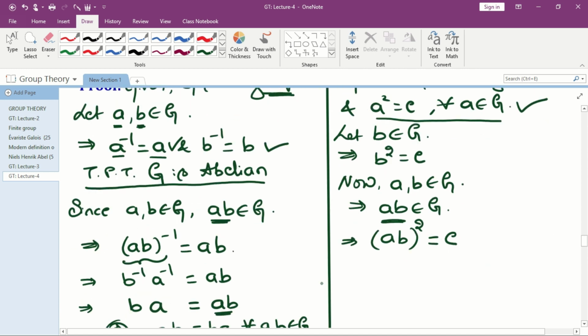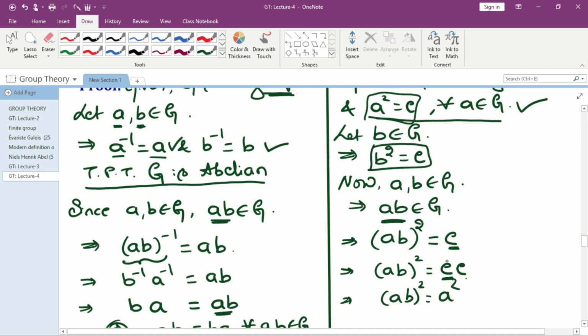Okay, now in the next step, we shall write AB whole square. Right hand side I have E. E can be written as E into E because E into E is equal to E. So AB whole square is equal to, so one E we shall write it as A square, another E we shall write it as B square.